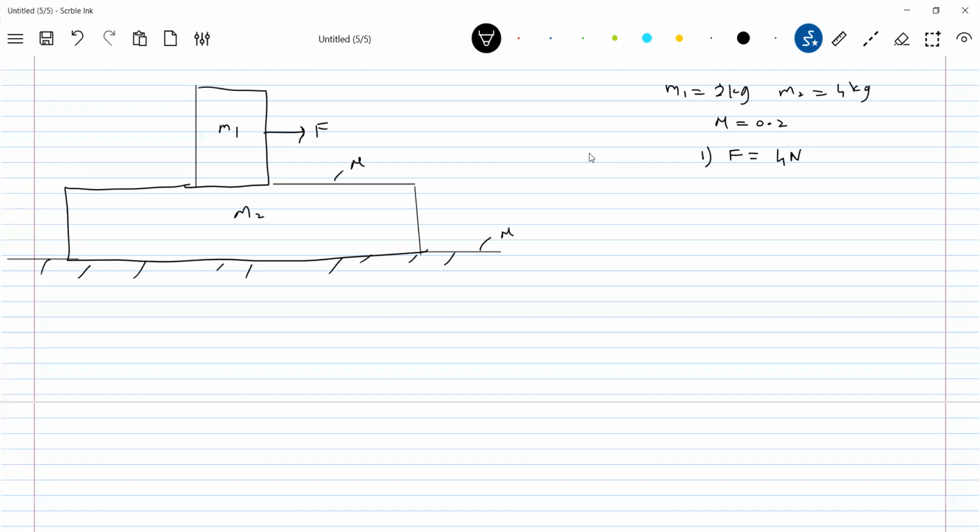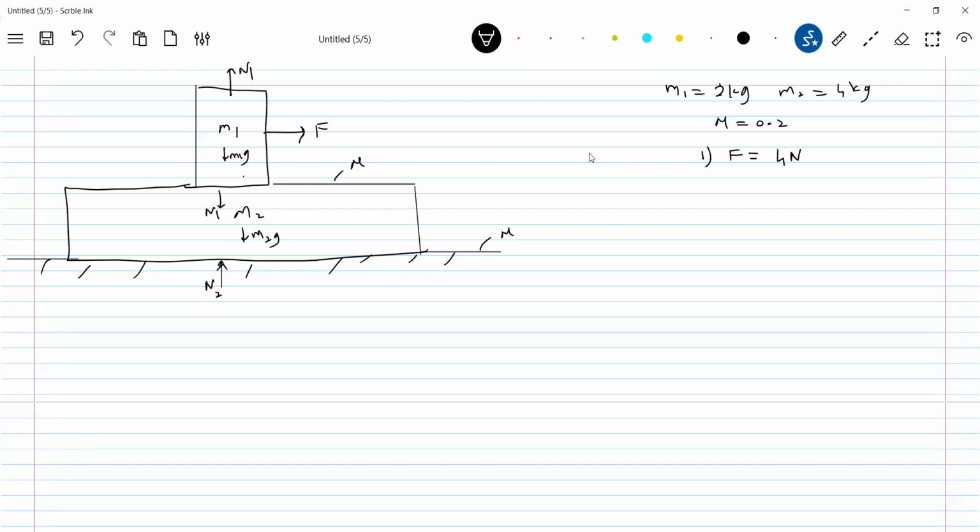Before that, we should have the basic picture like this: this is N1, M1G, this is N1, and this is M2G, and this is N2. These are the normal contact forces that are acting.